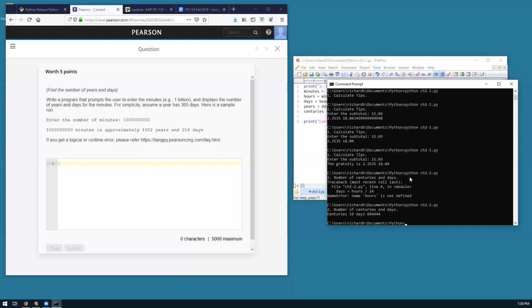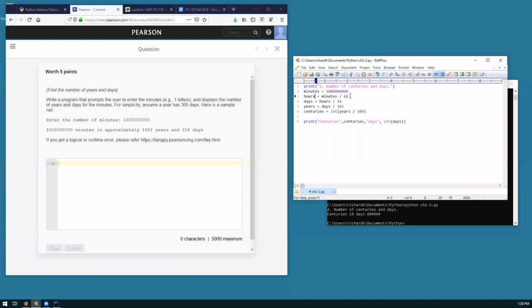Okay, it said 19 centuries. Oh, no, that can't be. I got to subtract out each time I do this. So it's how many minutes, that's how many hours are in those minutes. That's how many days total.